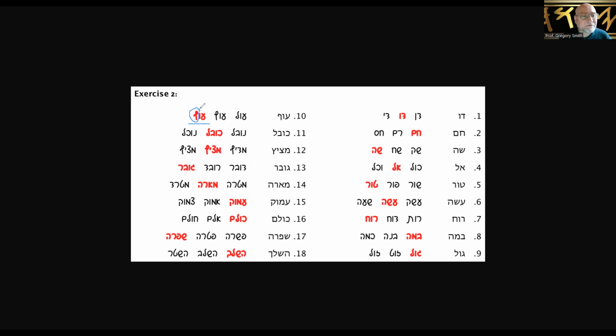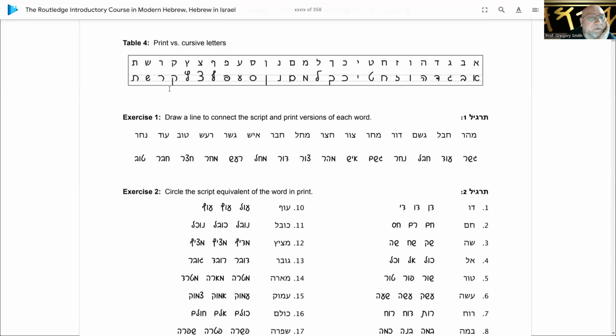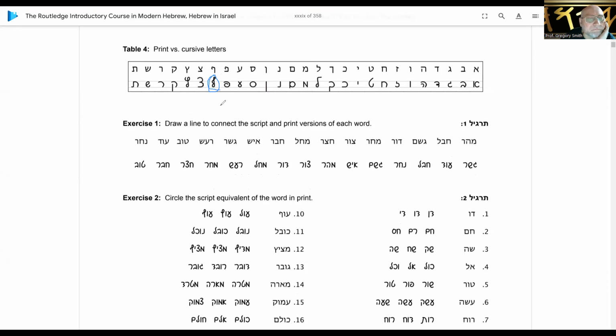So they're saying this is a fe sofit. That's one of the complaints I have about this text, because here's a fe sofit cursive right here, and look at how complex that is. So they're saying, oh, it's this one, but that isn't even the half of what this is, because we know that it's a fe sofit right here.